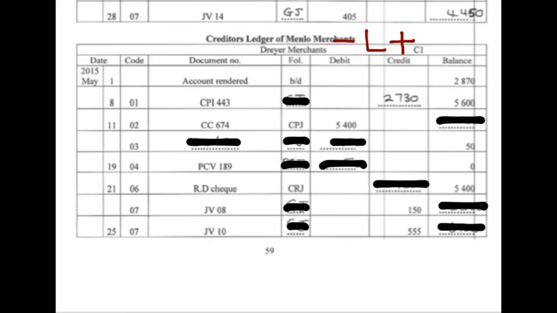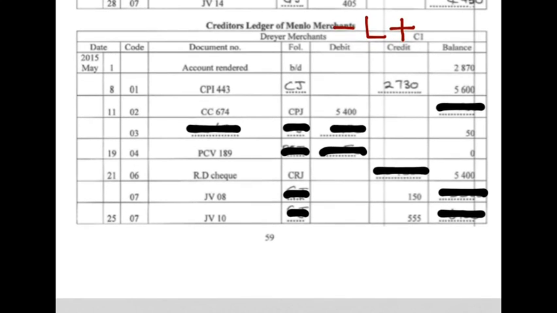Now when a credit purchase invoice is written out, it was taken to the CJ. So my journal used was the CJ. On the 11th, a cheque counterfoil was written out, CPJ, so it means that we paid them 5,400, which means our balance decreased all the way to 200.